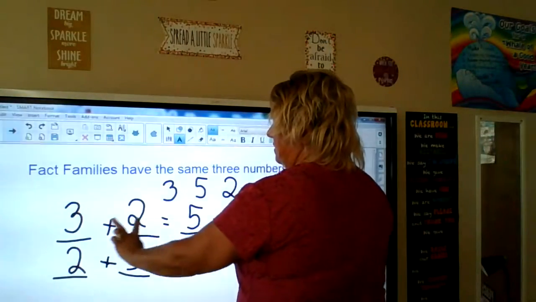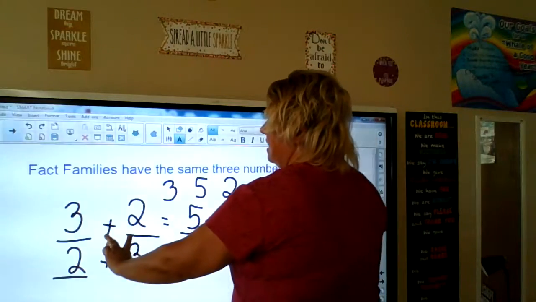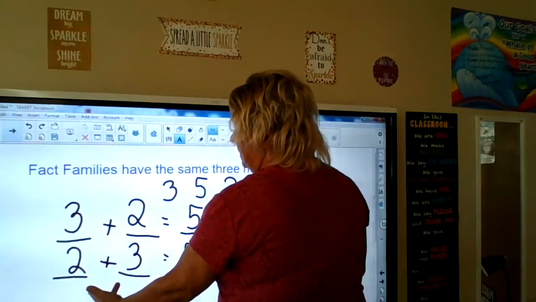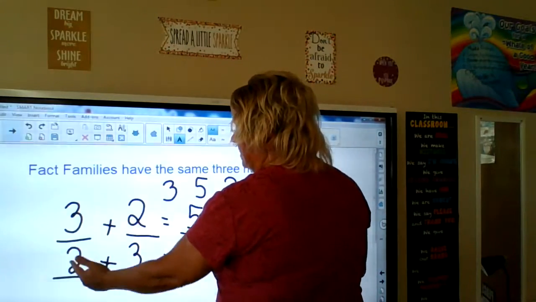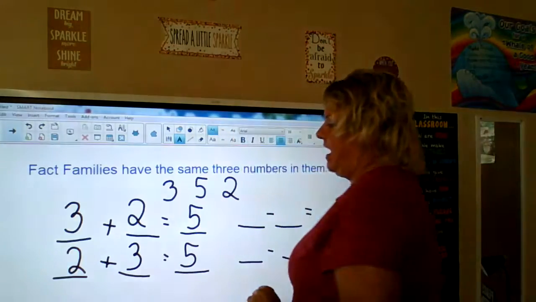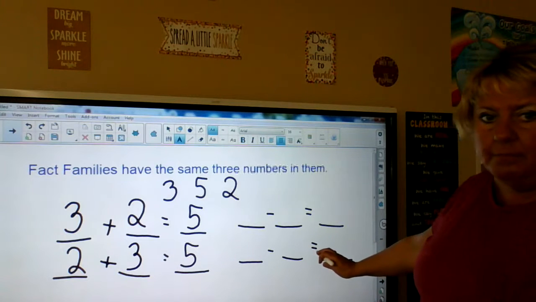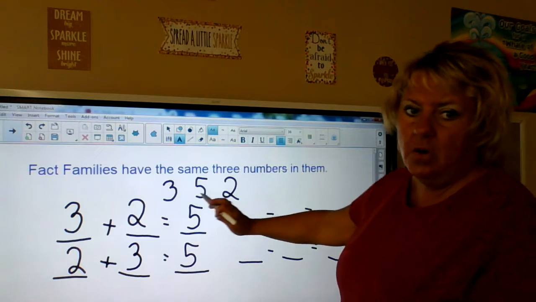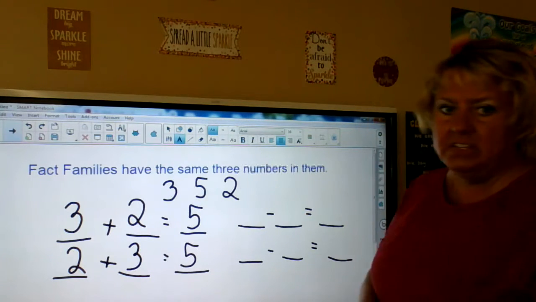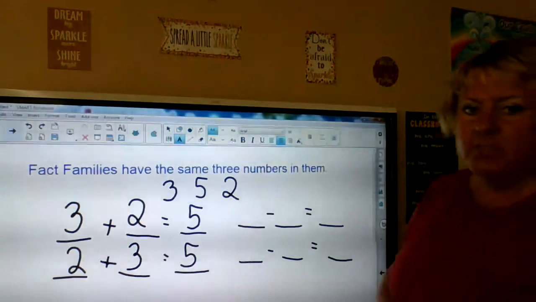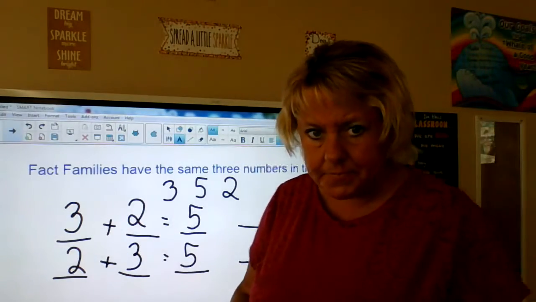3 plus 2 are the parts, equals 5. Then I can flip the parts and do a turnaround fact. 2 plus 3 equals 5. Okay, now I have to come over and do takeaway, subtraction, but I can only use a 3, 5, and a 2. So let's think about this for a moment.